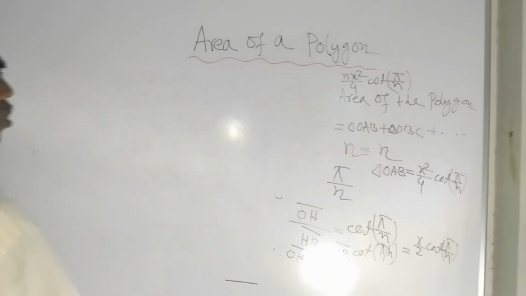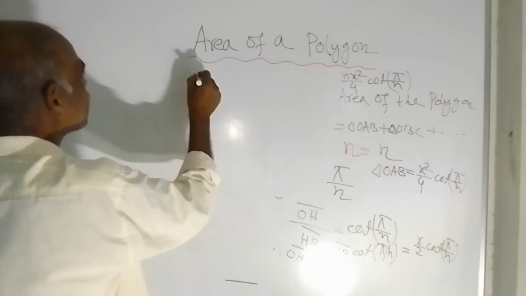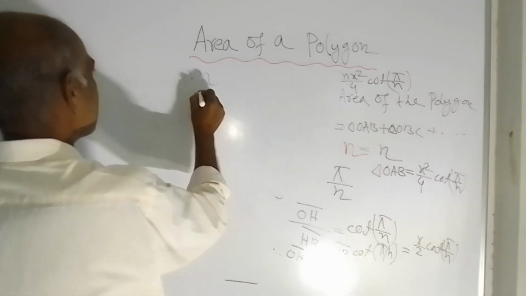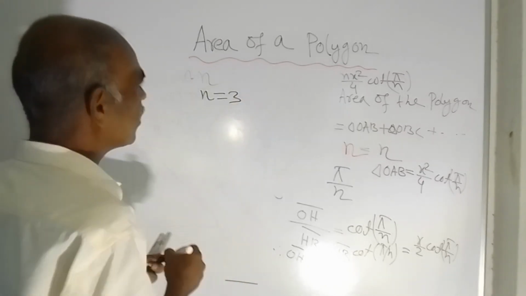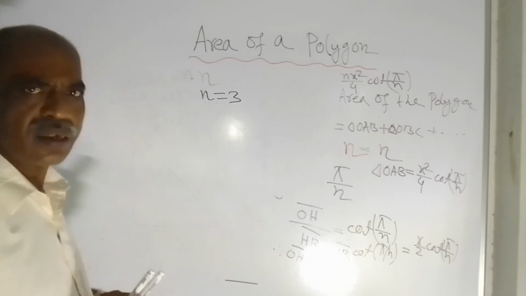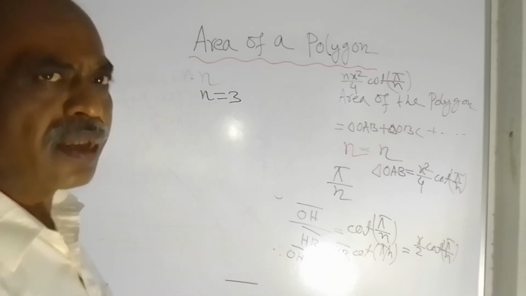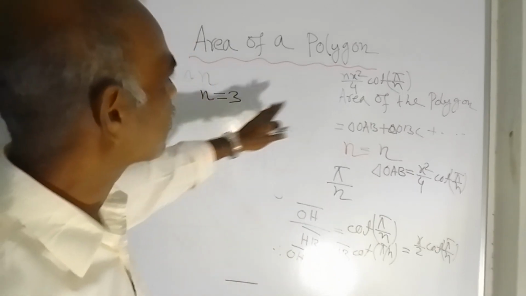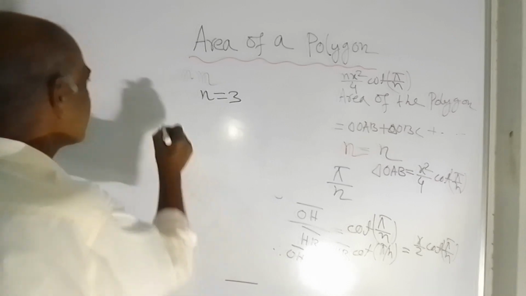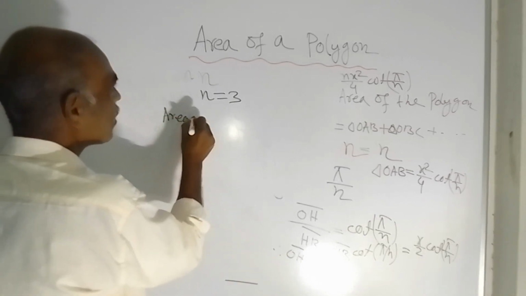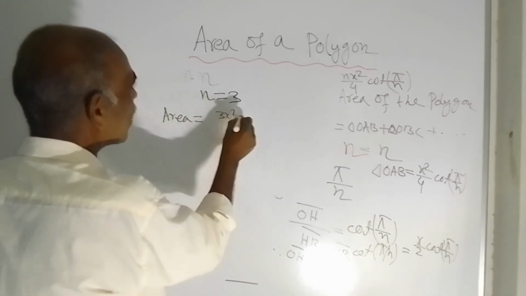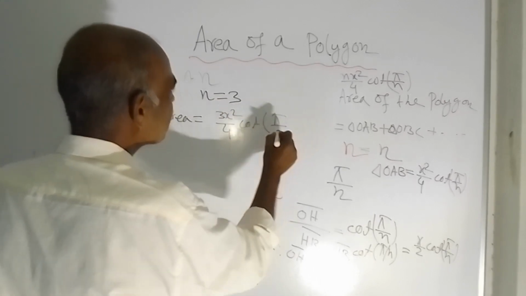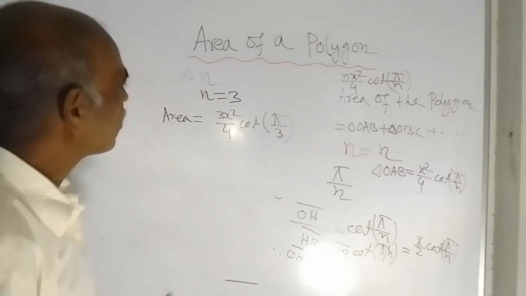If you take n equal to 3, then it becomes a regular triangle, a triangle having all side lengths the same. Then the area becomes 3x square by 4 cot pi by 3.